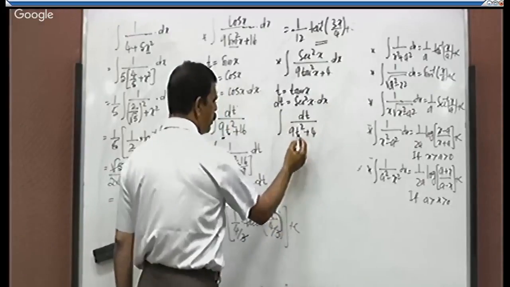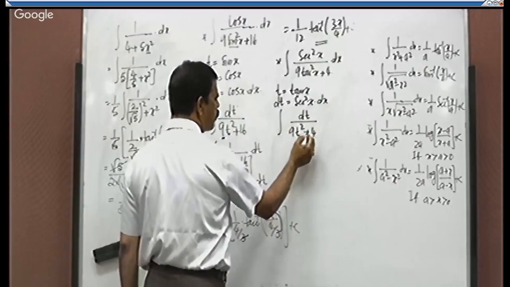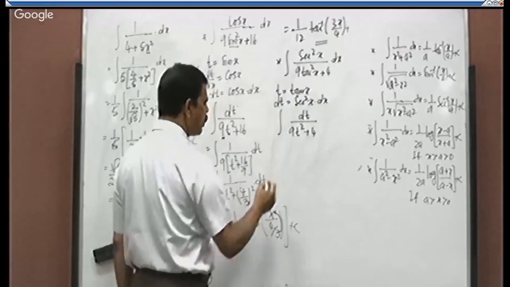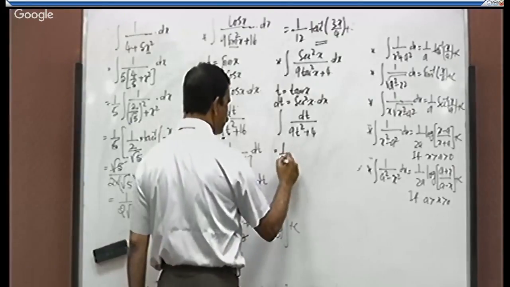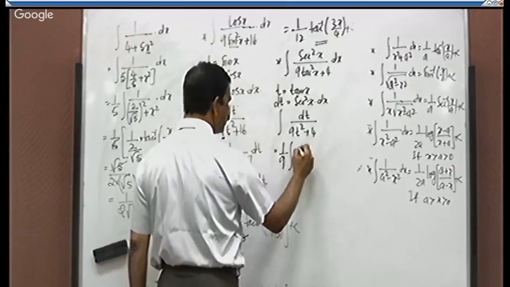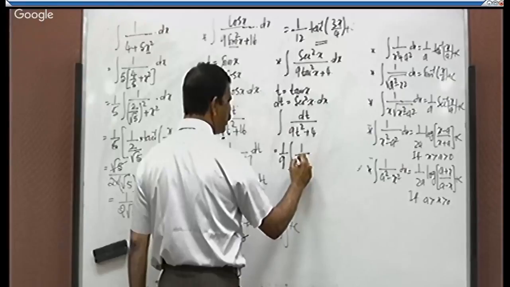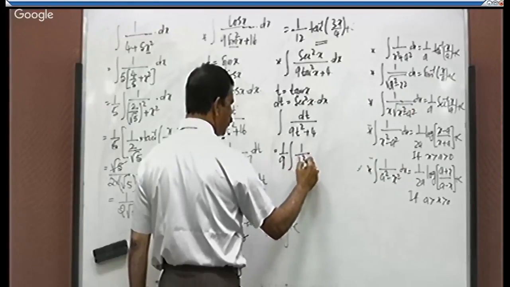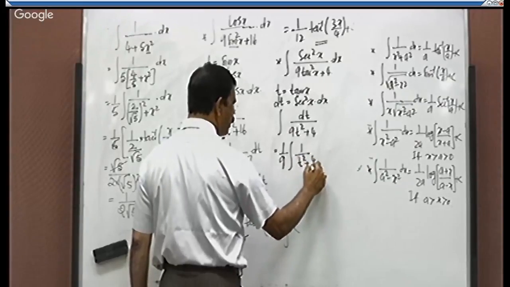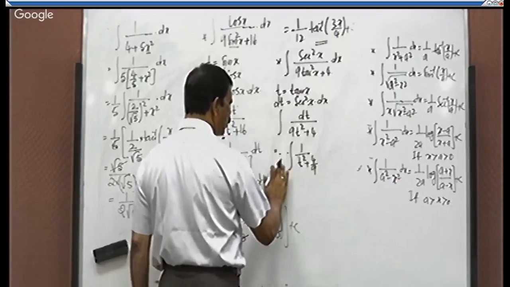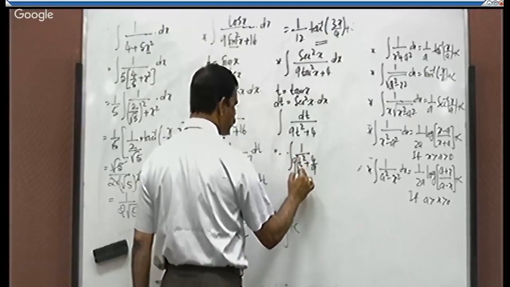Again, it should be in only t square plus a square form. What is extra? 9. You take it outside. That 9 is taken outside. 1 divided by t square plus 4 divided by 9. Or you just take 9 as common.